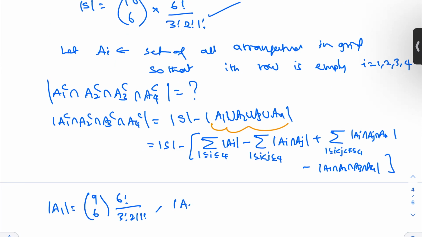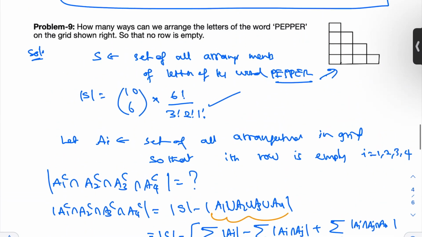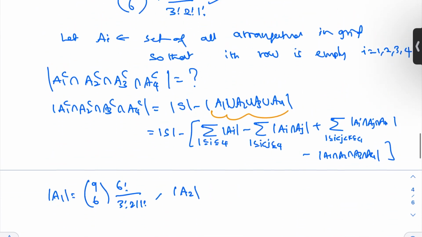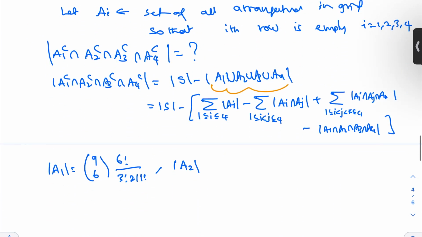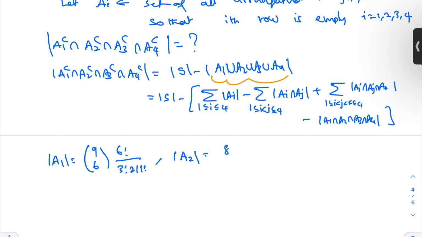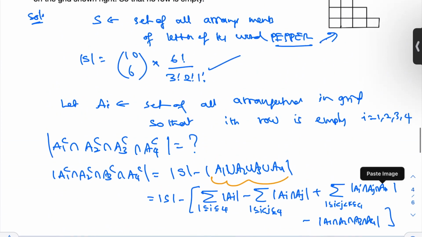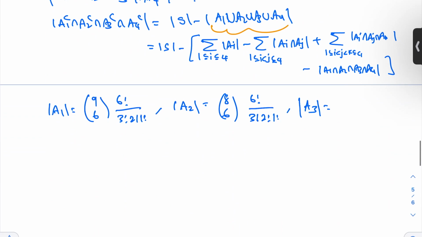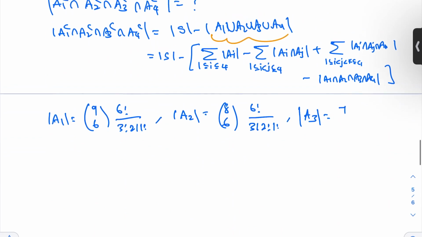Similarly, number of elements in A2. If you want row 2 to be empty, don't use row 2. Then we have 8 cells. So it's going to be 8 choose 6 times 6 factorial by 3 factorial, 2 factorial, 1 factorial. Similarly, number of elements in A3. If you want row 3 to be empty, then don't use row 3. Then we have 7 cells.